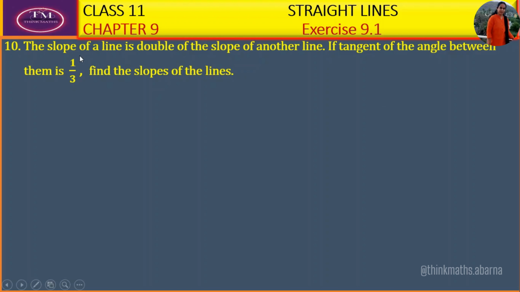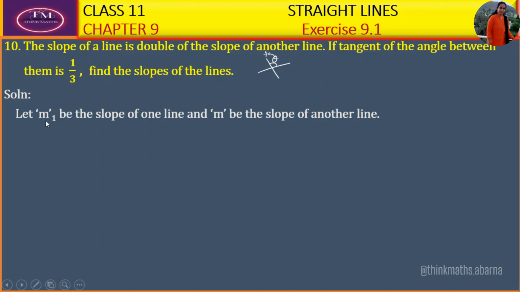There are two lines, and there is an angle between them. Its tangent value is given as 1 by 3. We have to find out the slope of the lines.